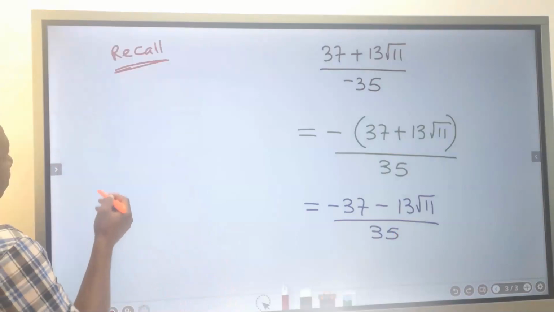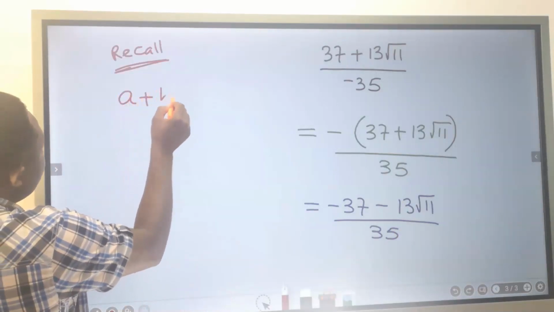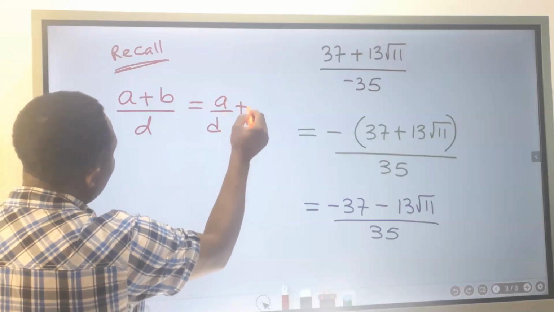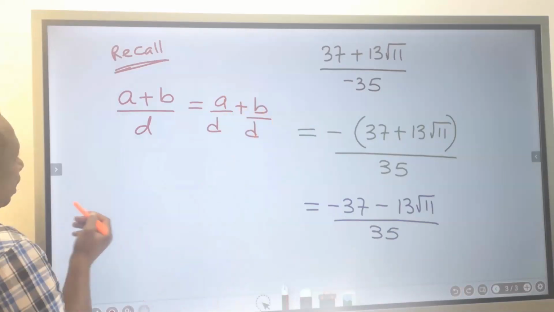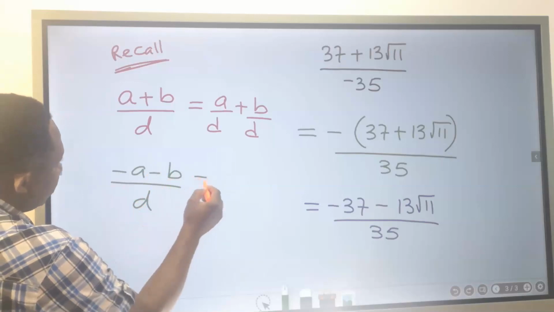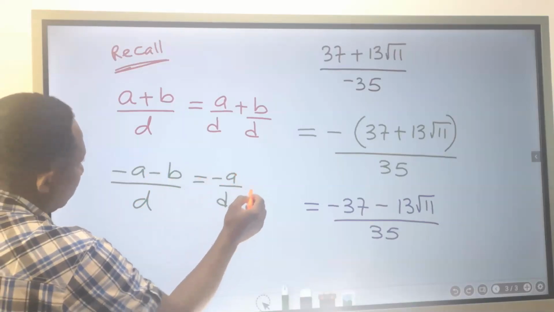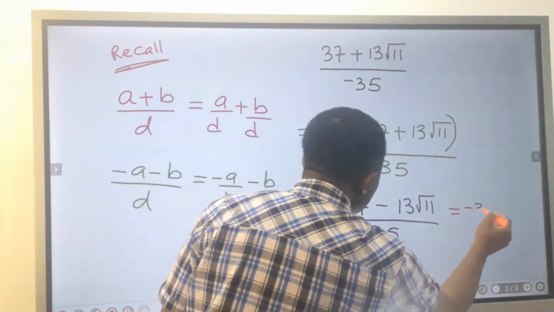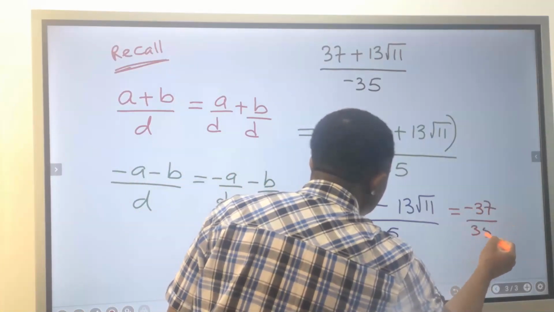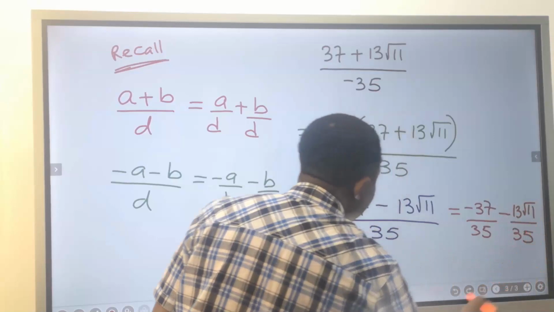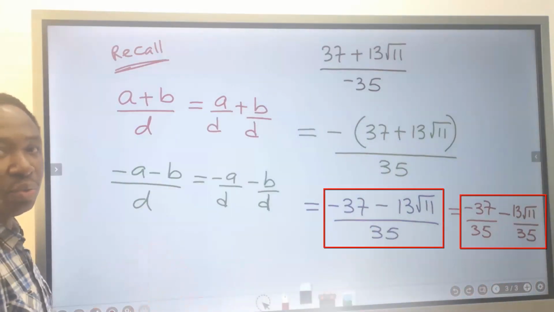In mathematics, recall that (A plus B) divided by D is A divided by D plus B divided by D. And if I have (minus A minus B) divided by D, I'm going to have minus A over D minus B over D. With this, I can write this as minus 37 over 35 and minus 13 root 11 divided by 35, according to this basic rule.